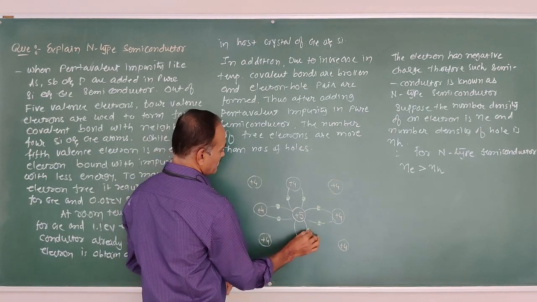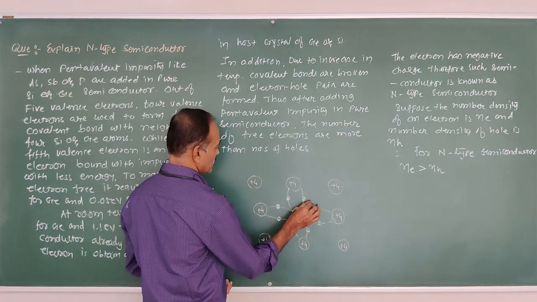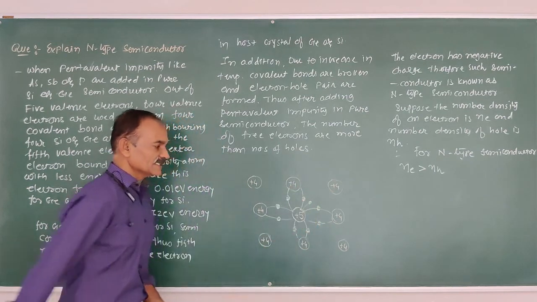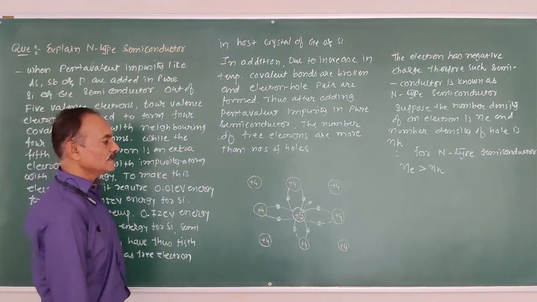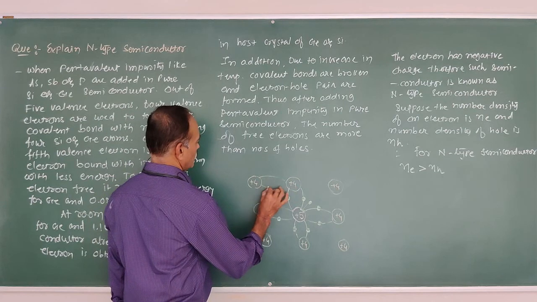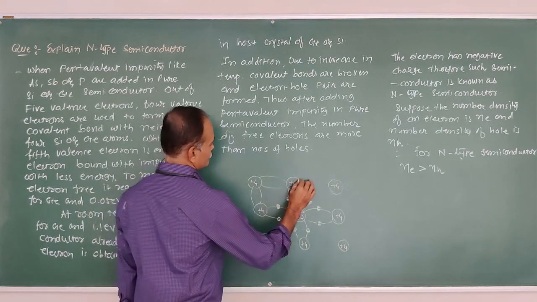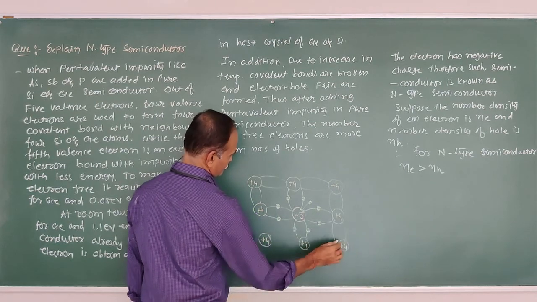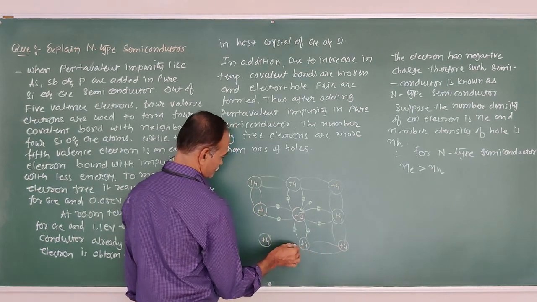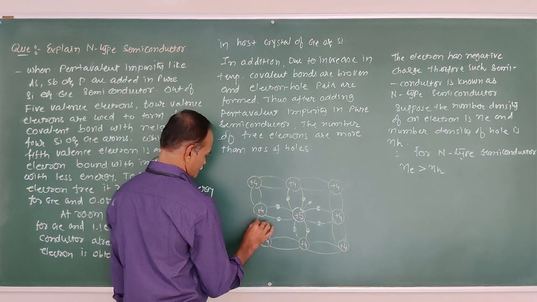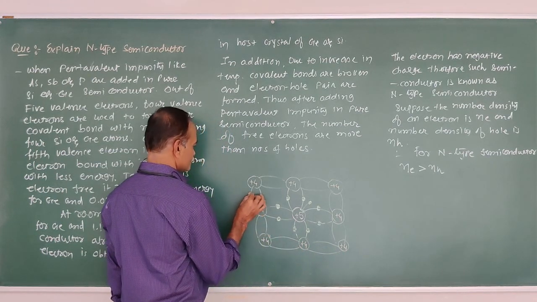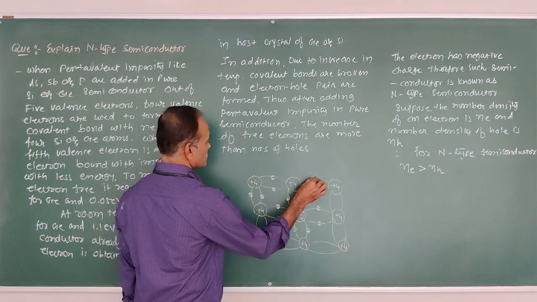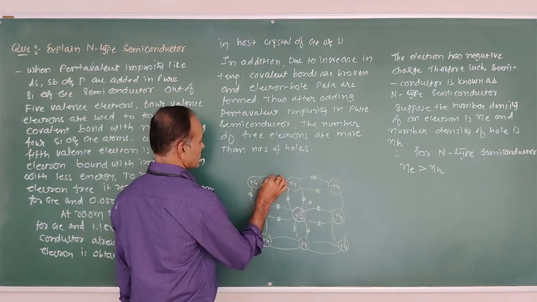While the 5th extra electron is bound with the arsenic, antimony or phosphorus atom. The covalent bonds already exist in pure semiconductor of silicon or germanium.